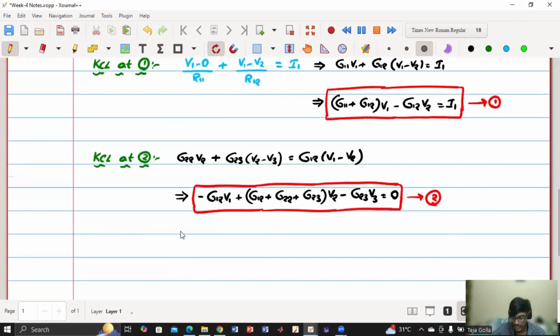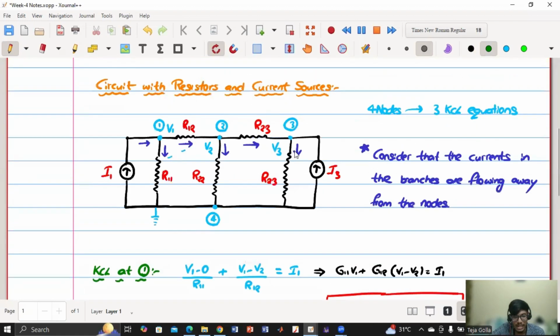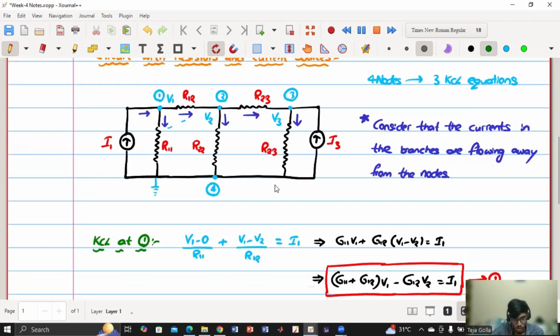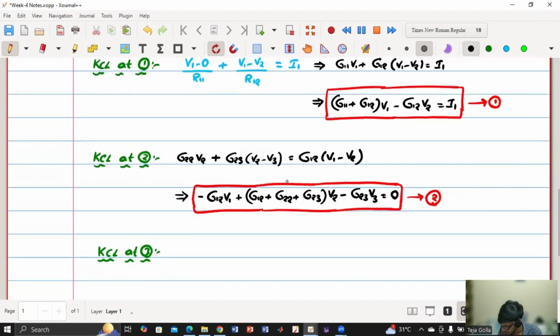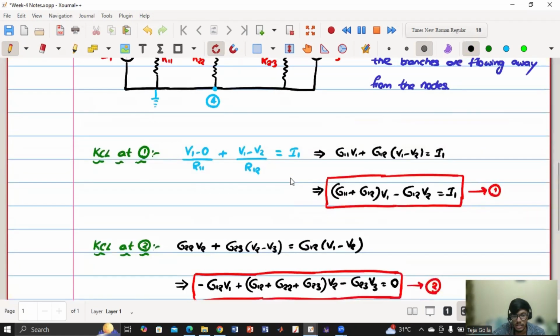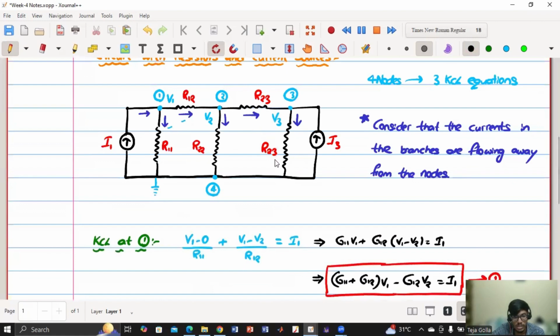Now I'll apply KCL at the third node to get my equation 3. Same: current leaving equals current entering. Current leaving is this one; these two are current entering. So V3 into G33, sorry, this should be G33.